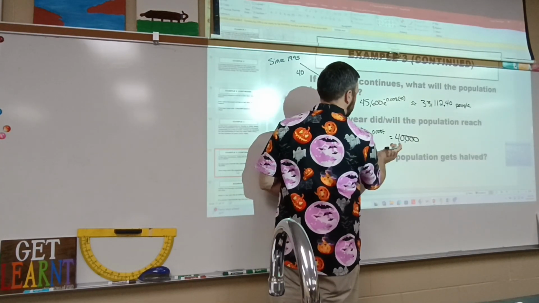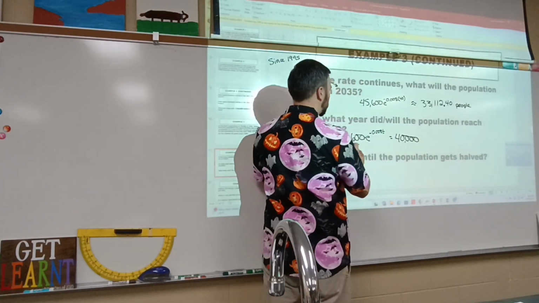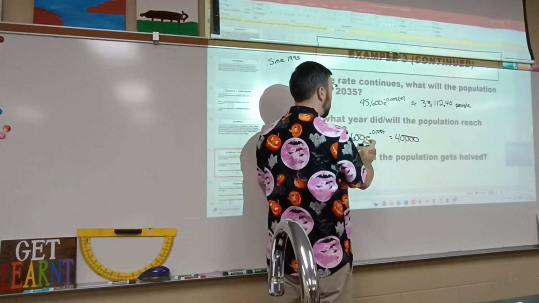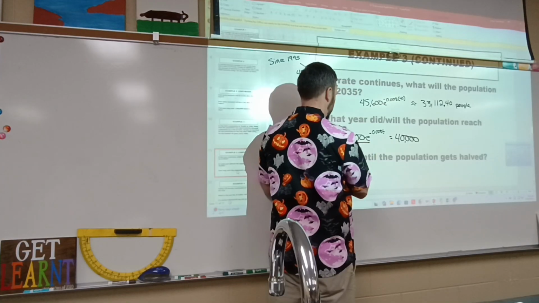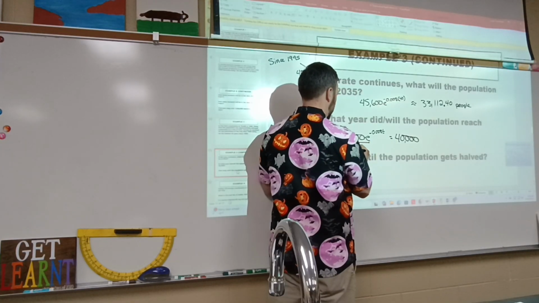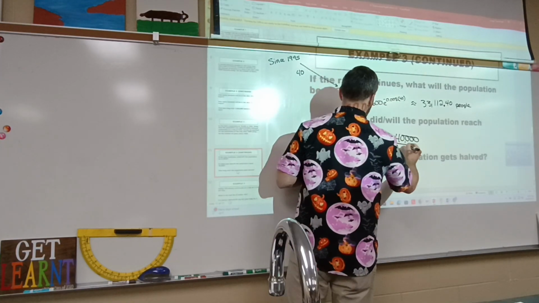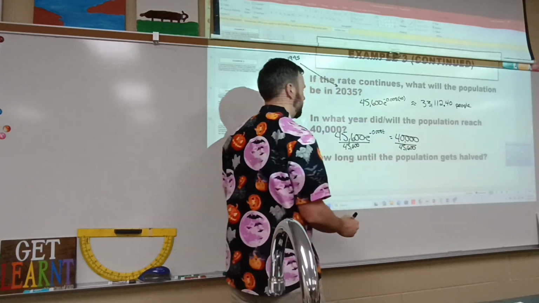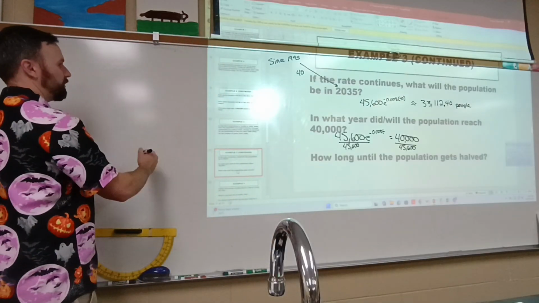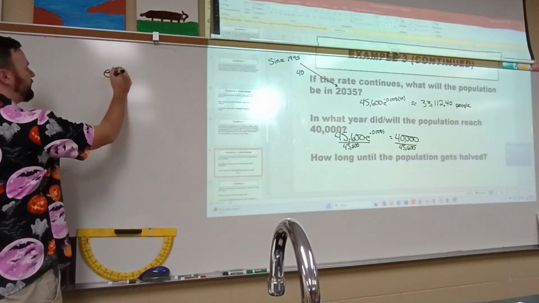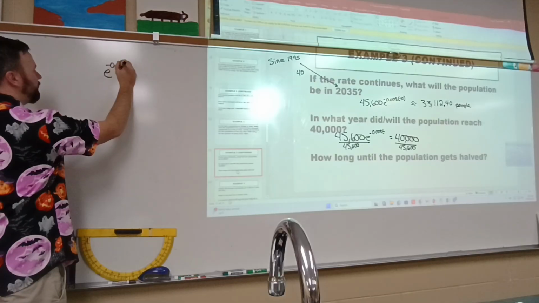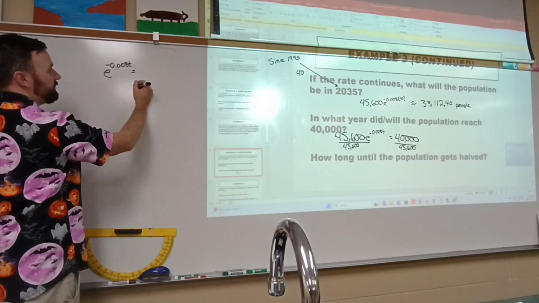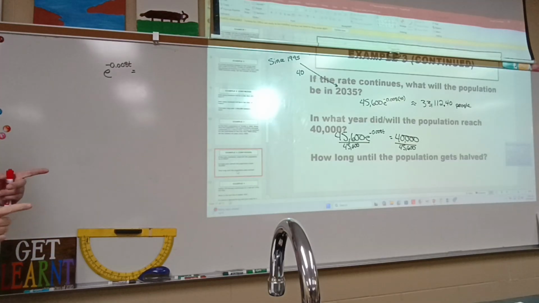Again, this is 45,600 times something, right? How do I get rid of timesing something? Divide it. So I get e to the negative 0.008t equals. All right, so you have options here.